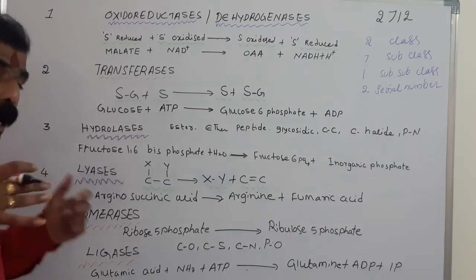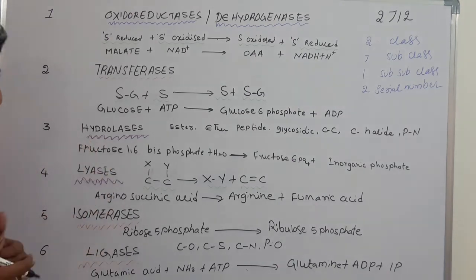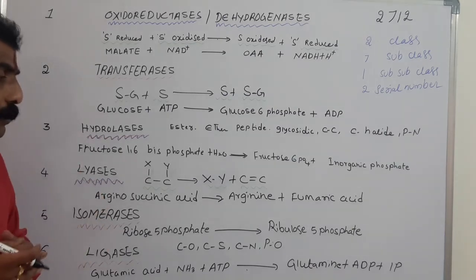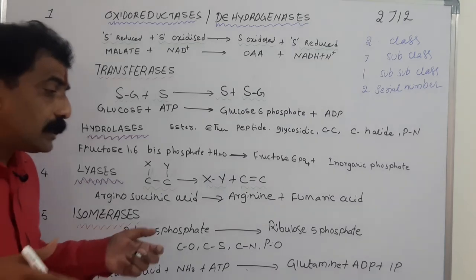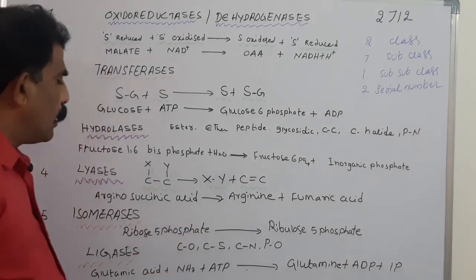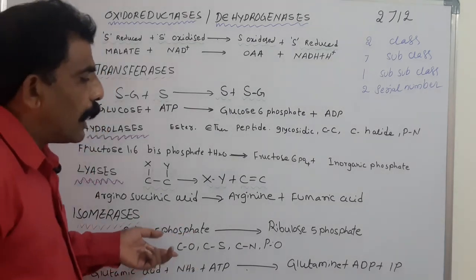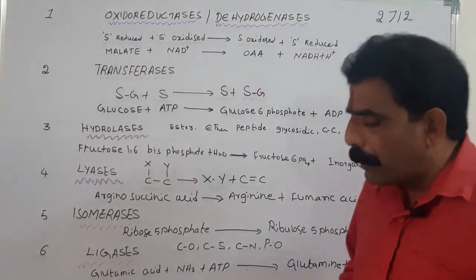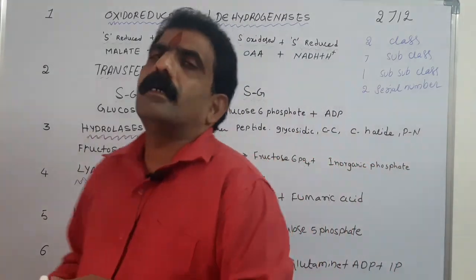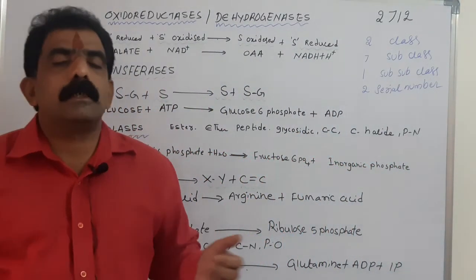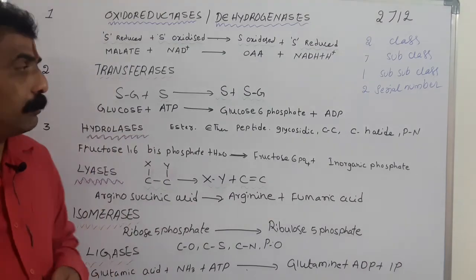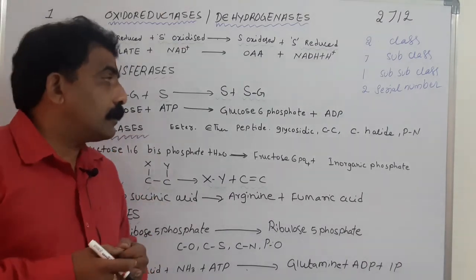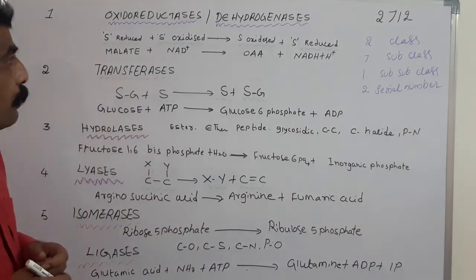Under the influence of glutamine synthetase, glutamic acid undergoes amination by utilizing ATP, resulting in the formation of glutamine, which consists of two amino groups, and ATP is hydrolyzed, with ADP and inorganic phosphate formed as byproducts. Like this, there are 6 major classes of enzymes according to the IUB classification.